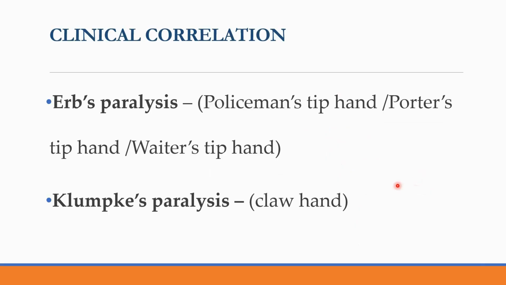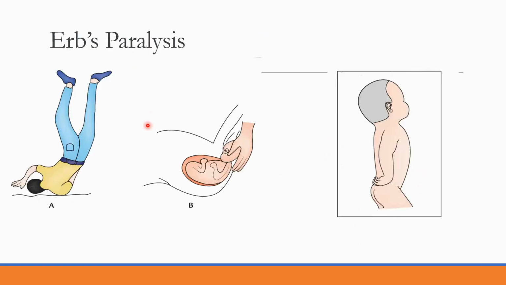Clinical correlation, mainly brachial plexus injury will cause two clinical syndromes, that is Erb's paralysis and Klumpke's paralysis. So what is Erb's paralysis? Erb's paralysis occurs due to the fall on the shoulder. For example, a fall from a bike or from the back of a horse.